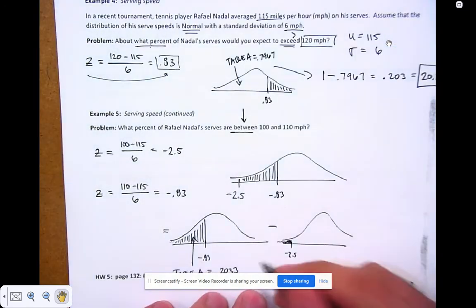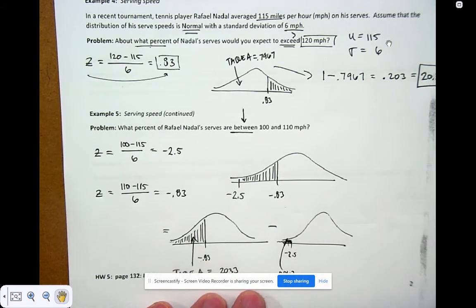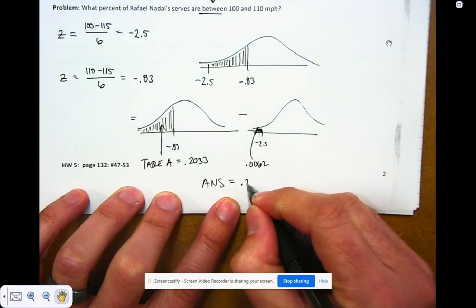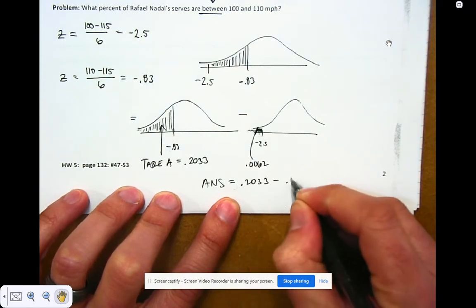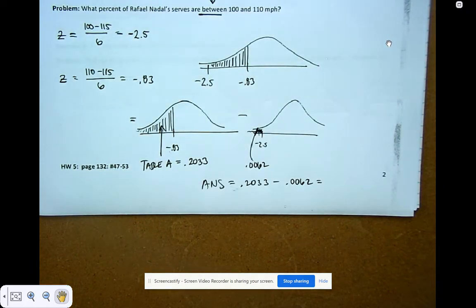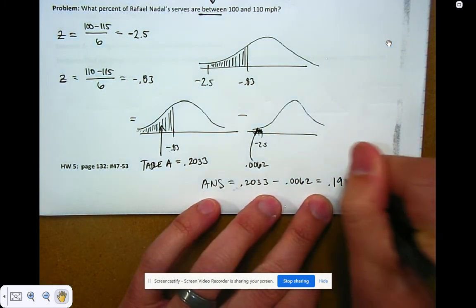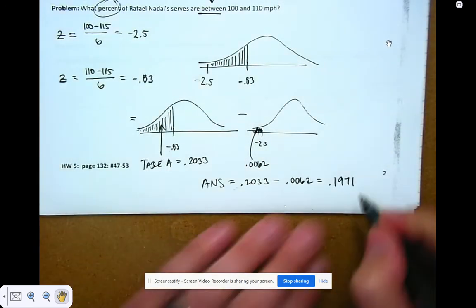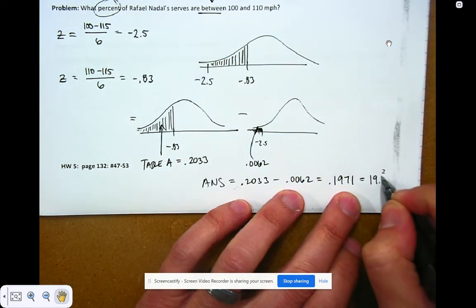So my answer is simply 0.2033 minus 0.0062, and I get 0.1971. Since they asked for a percent, that is 19.71%.